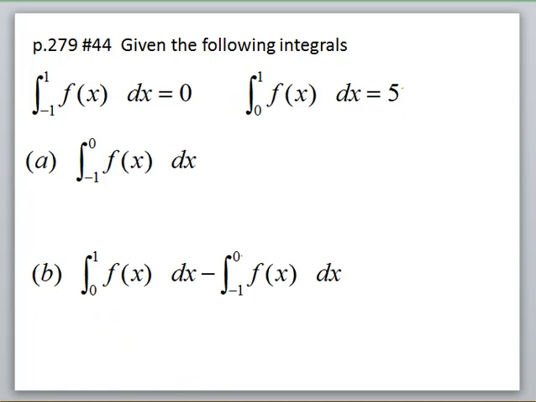We have a couple more of these. This time I have some different information that's given. I'm given from negative 1 to 1, the area underneath the curve is 0, and from 0 to 1, the area underneath the curve is 5.